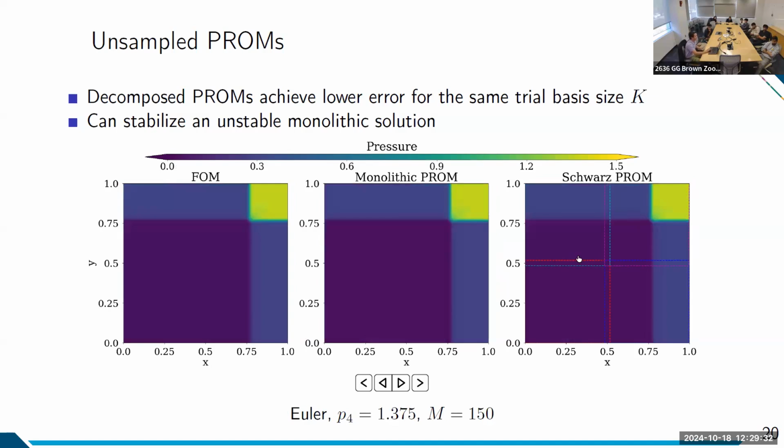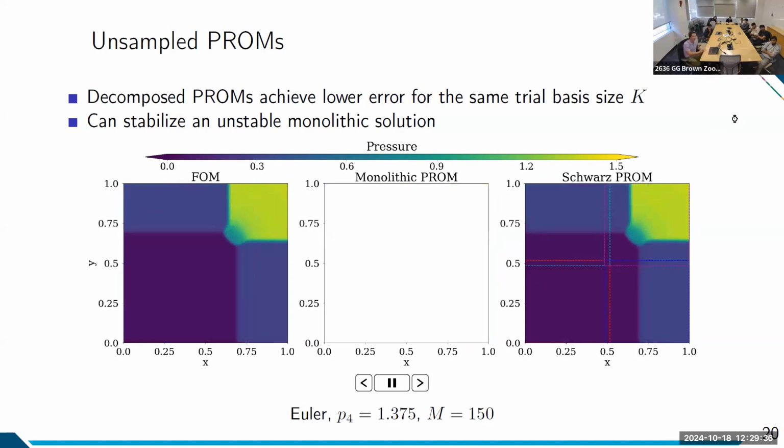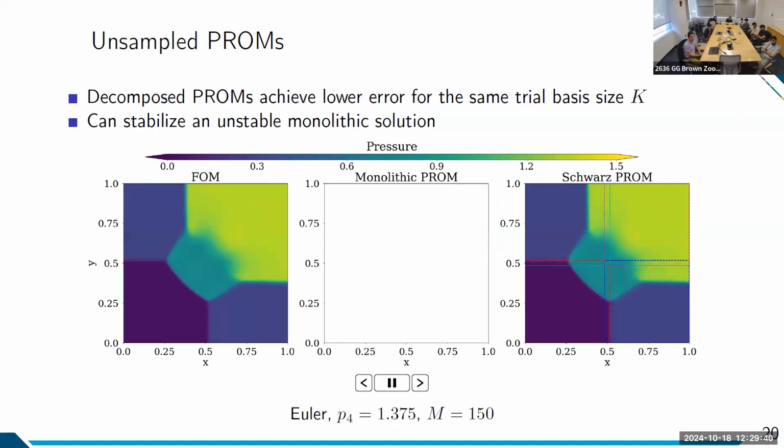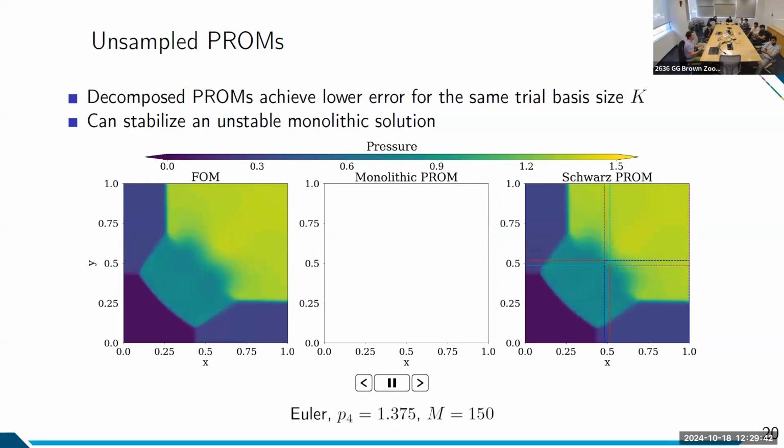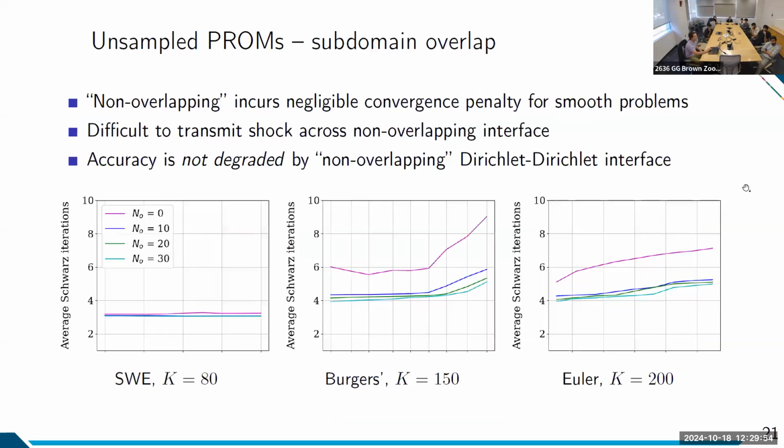And in the most extreme cases, say for this Euler case, you can actually stabilize an otherwise unstable reduced order model, where your monolithic solution is unable to accurately represent shock solutions, whereas your Schwarz ROM for a given basis size is able to accurately propagate that shock.